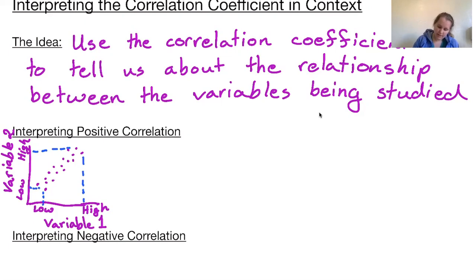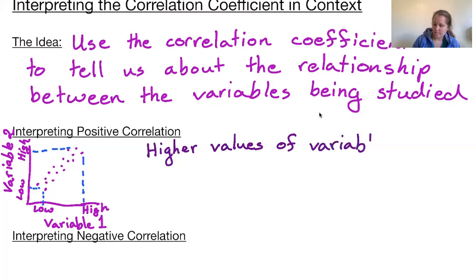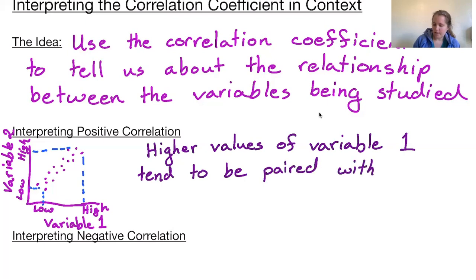So we can describe this as higher values of variable 1 tend to be paired with higher values of variable 2.